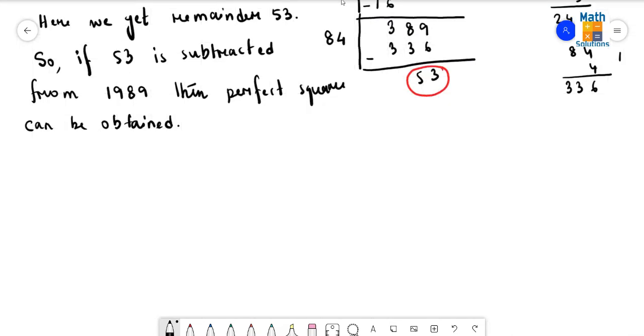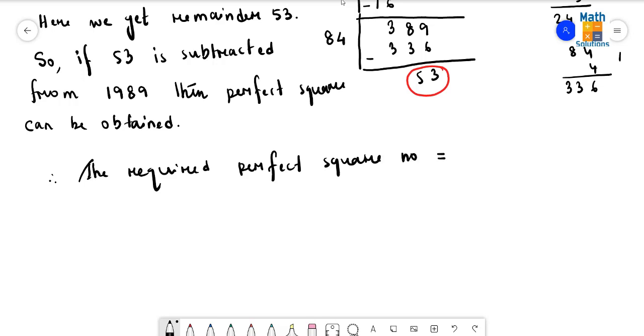Therefore, the required perfect square number would be what?